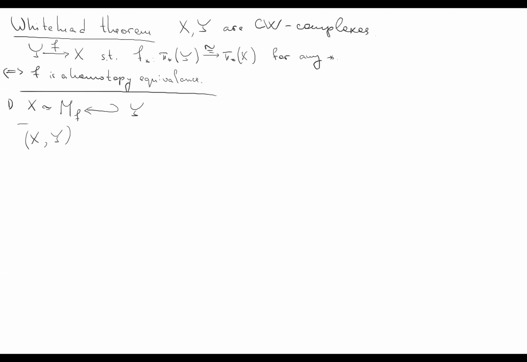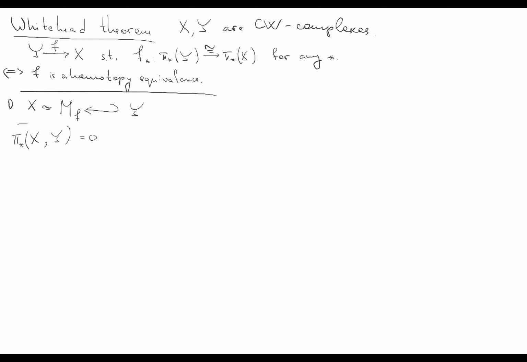So we have the long exact sequence of homotopy groups, and it implies that pi star of (X, Y) is 0. Okay.